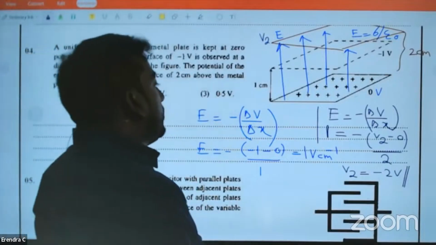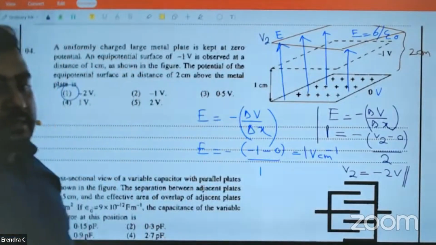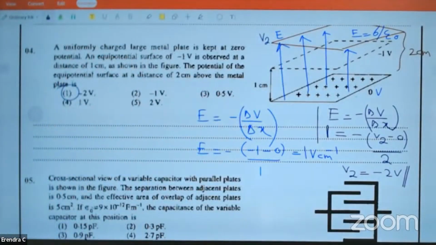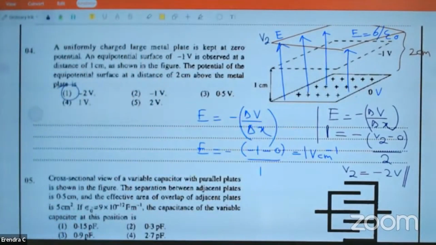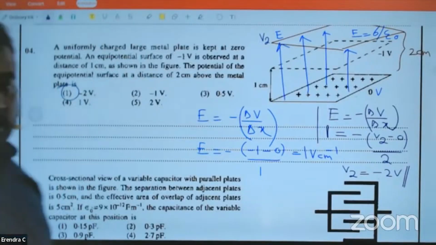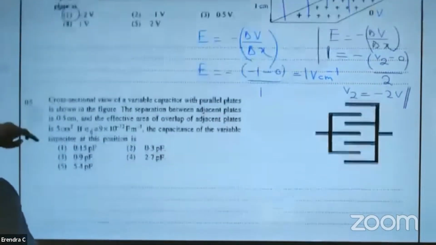Therefore, we can find the potential. So, basic work, quickly write it down. Right. Okay, no? Okay. Right. Moving on.